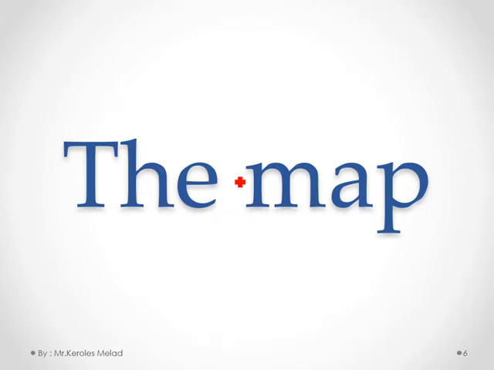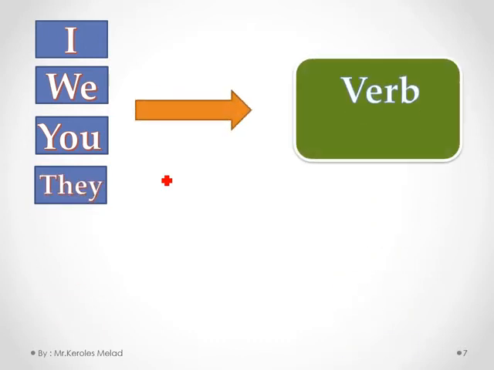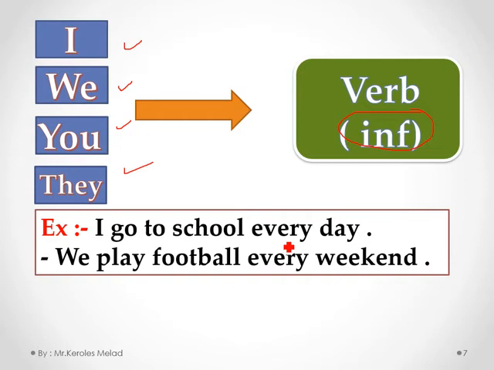The map. Look at this map carefully. With I and we and you and they, we keep the verb in the infinitive case. For example, I go to school every day, we play football every week.